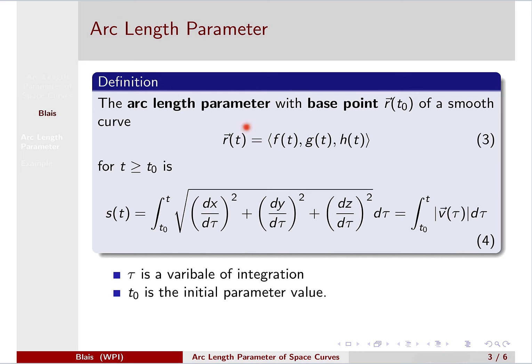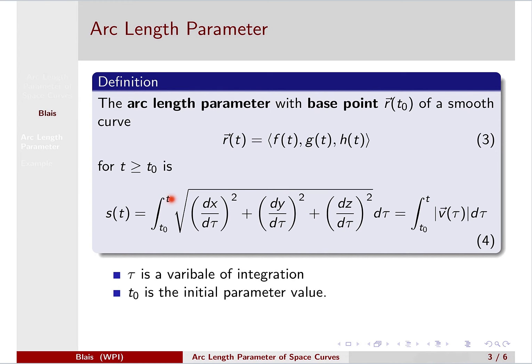So the arc length parameter with base point r of t naught of a smooth curve, r of t, for t greater than t naught is, here mathematically, exactly what we just described. This gives us the integral for the arc length, but we start at time t naught and we end at time t. Note we had to change variables.